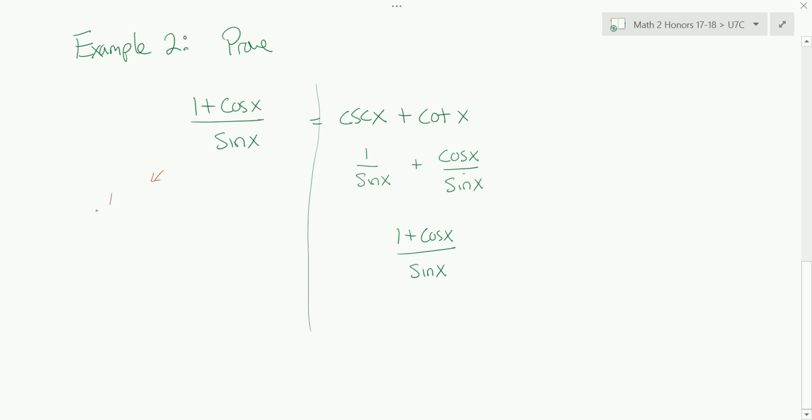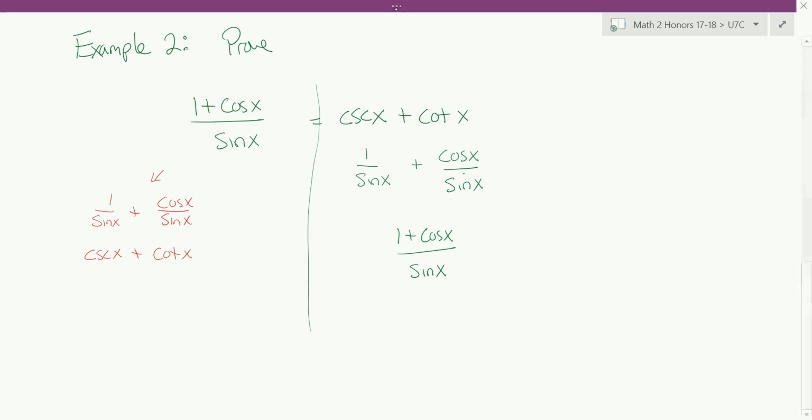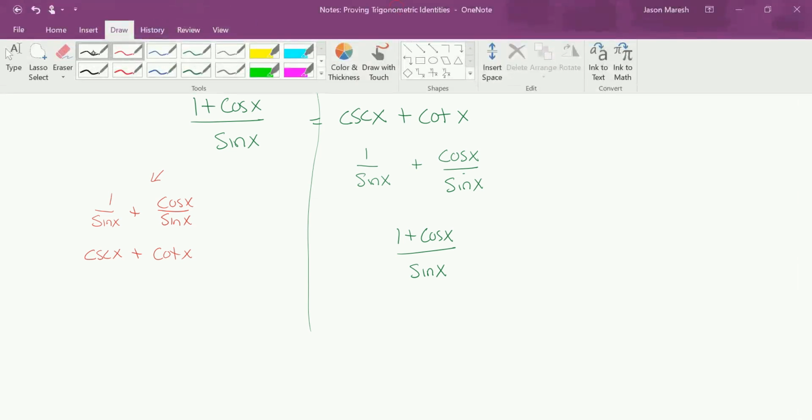I'd split it up to 1 over sine plus cosine over sine. 1 over sine is the cosecant. Cosine over sine is the cotangent. And we got it. So either side would work on this one. Both are the same difficulty.